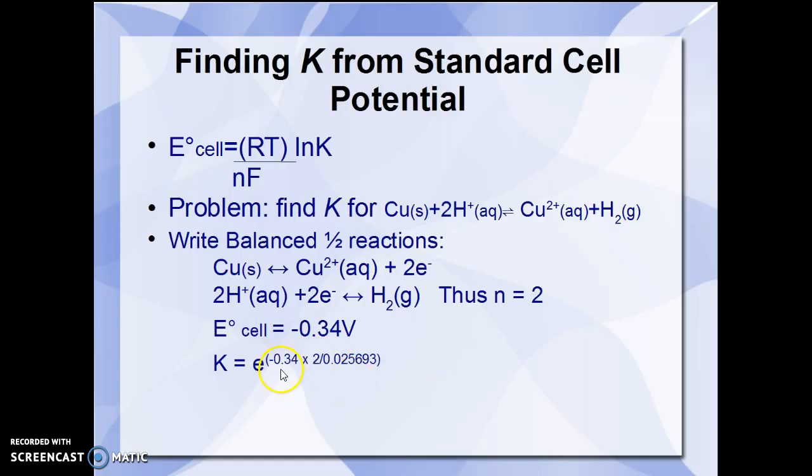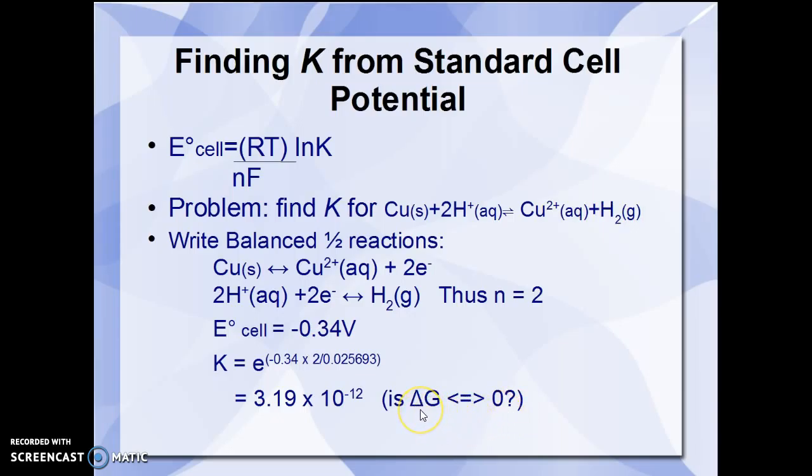When you raise e to the power that's represented by this expression, you see that it's 3.19 times 10 to the negative 12th. That's a very, very small equilibrium constant. That means almost none of the reaction ends up as copper 2+ and hydrogen gas.